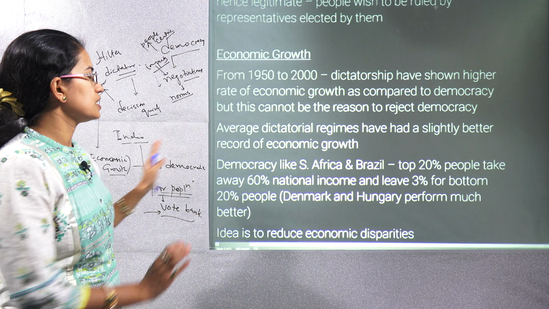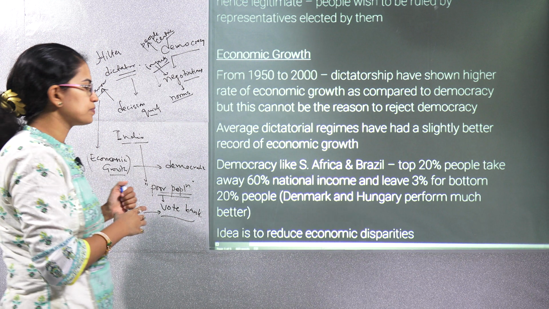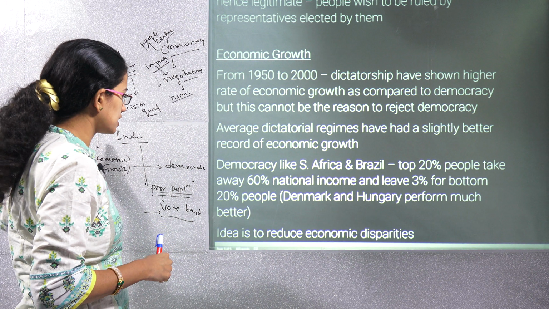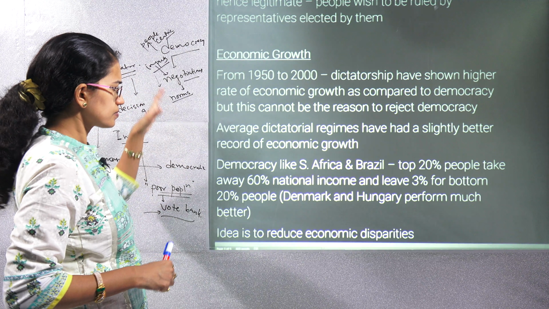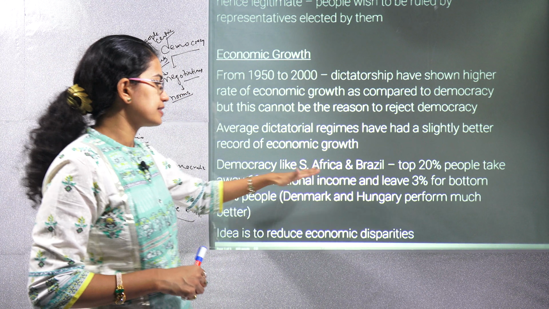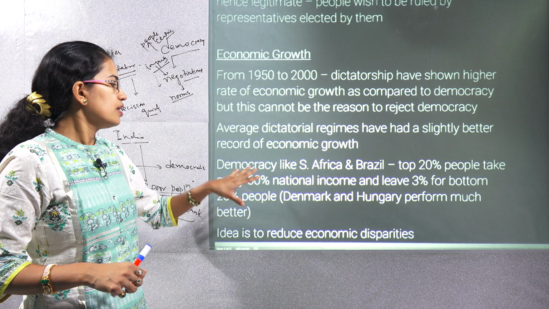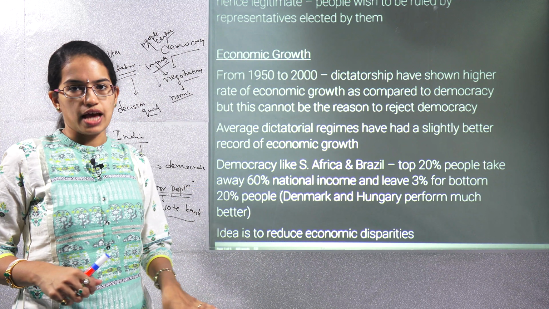We have already seen how economic growth has varied in a nation under dictatorship versus democracy. If we look at the statistics, in democratic nations like South Africa and Brazil, the top 20 percent of people have 60% of the national income.